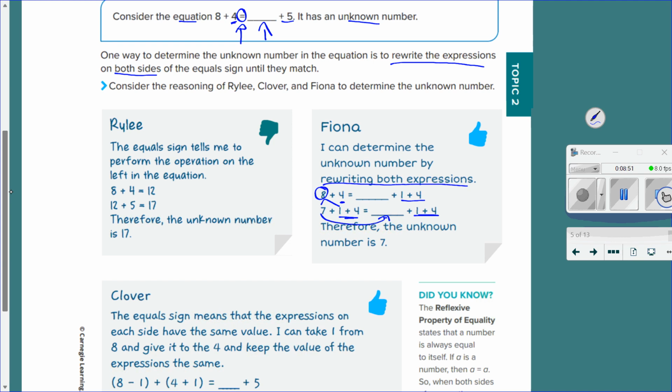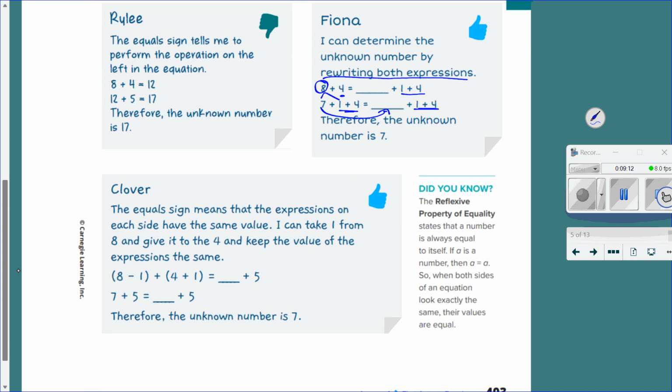Can you understand what she did? Good. Does this make sense? Okay? So all Fiona did was she took the second side and broke it down to a number that was on the other side, a 4, and then figured out how to make the other number part of it to get the same thing on both sides.